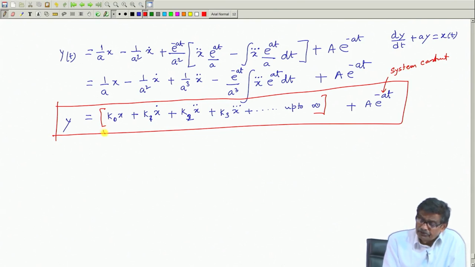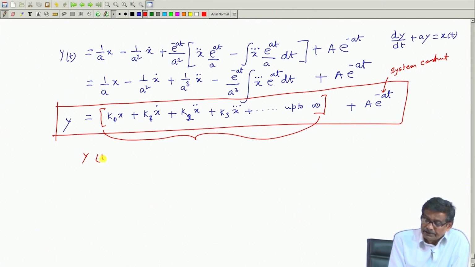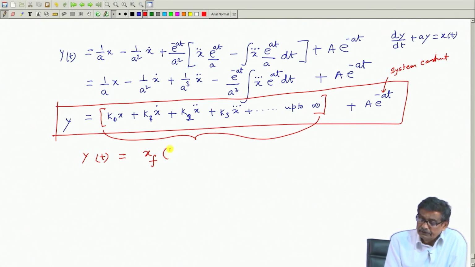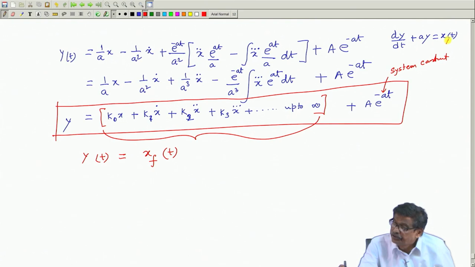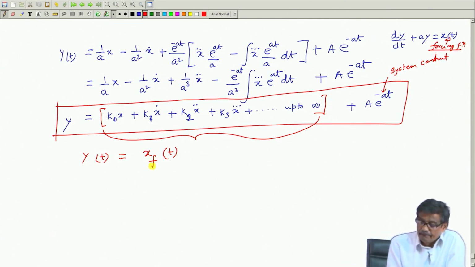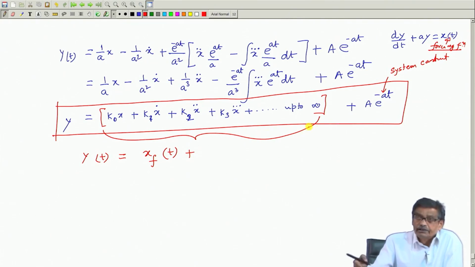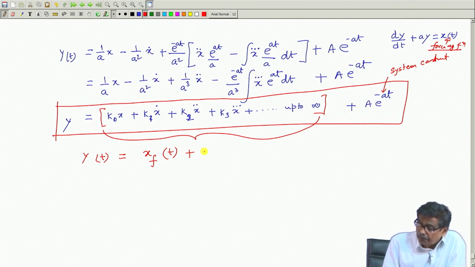So, I can say that the solution y t will comprise two parts. One depends on x t, the forcing function, and another part which depends only on the system constant, and that is called the natural response. I will write it as x and t.